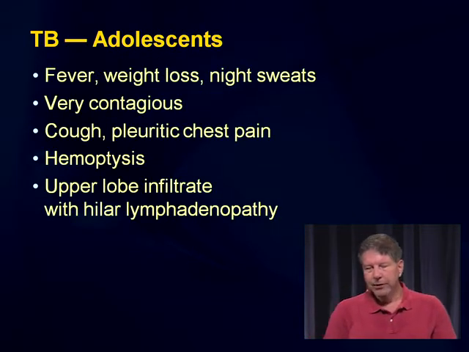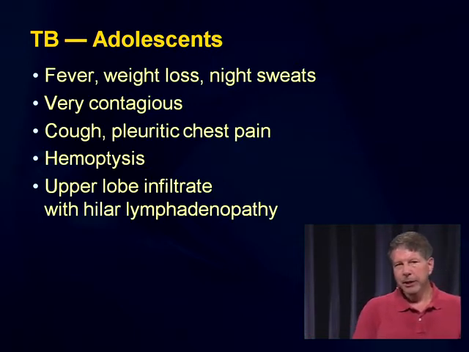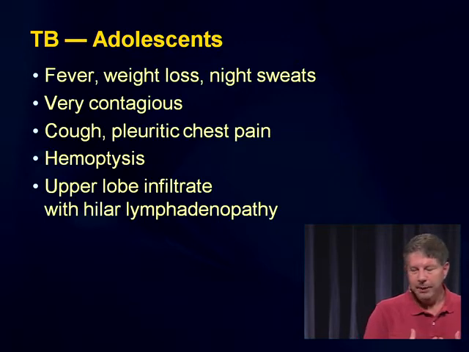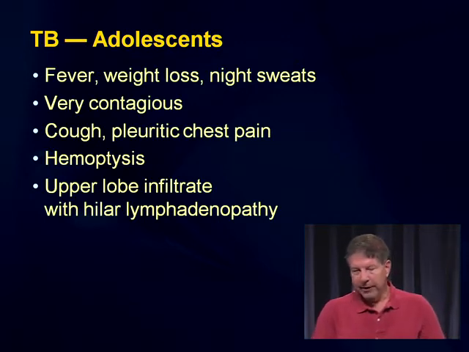Okay, now TB in adolescents is like TB in adults. You get fever, night sweats, weight loss. They're contagious. They cough. They have hemoptysis. And again, it's upper lobe. Generally upper lobe is most common with a hilar lymphadenopathy, because most people don't get the primary disease.